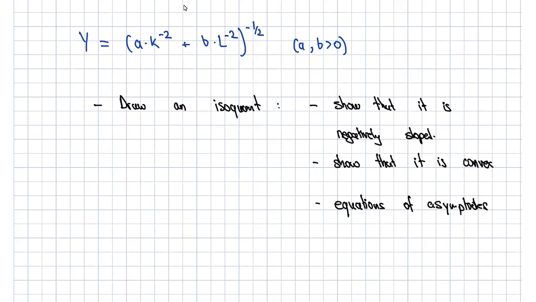And now what I have to choose between is different inputs that I can use to produce this output that I'm interested in. So am I right in thinking that an isoquant is the producer equivalent of what an indifference curve is to a consumer?